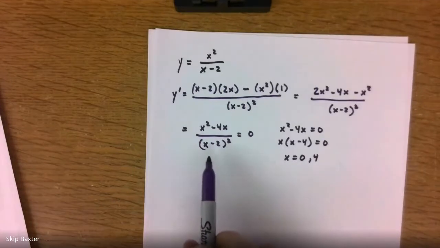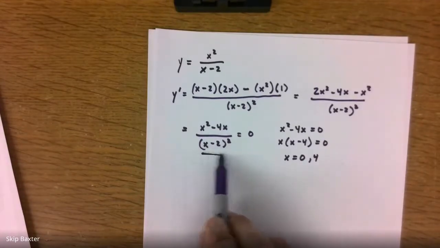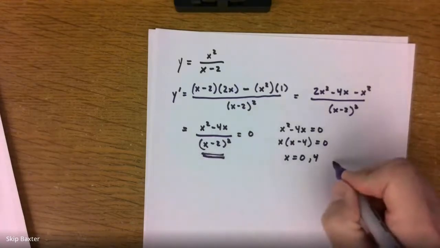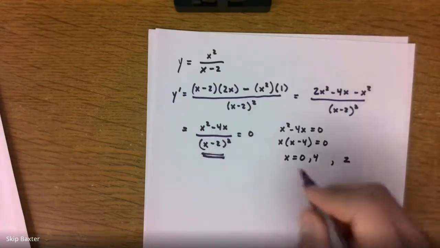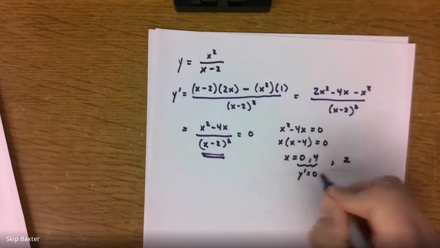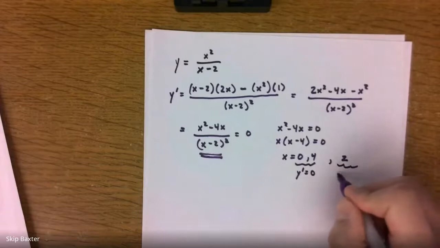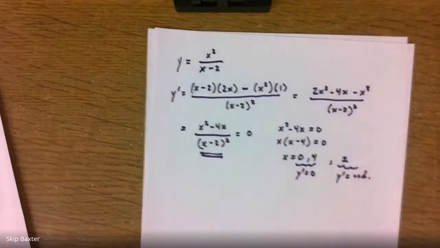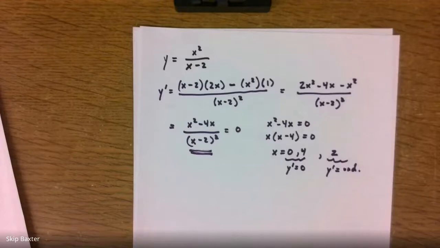But I also want to consider points where the derivative is undefined, and the derivative is definitely undefined when the denominator is 0. So I have to include 2. So these are points where the derivative is 0, and this is a point where y prime is undefined. I have to include both of those as critical points, right?